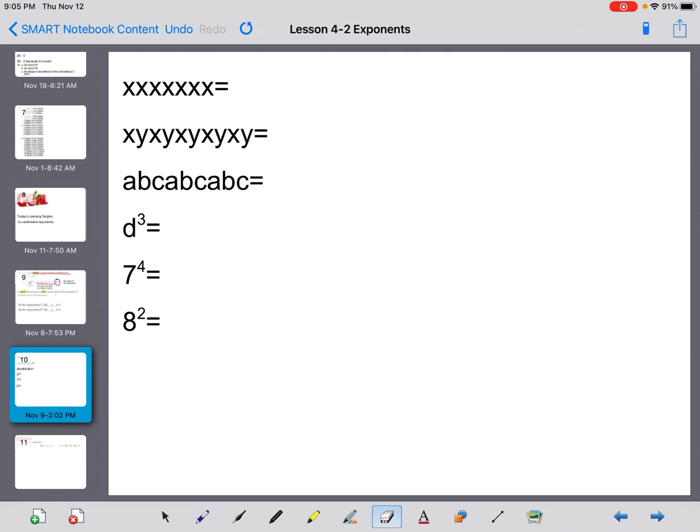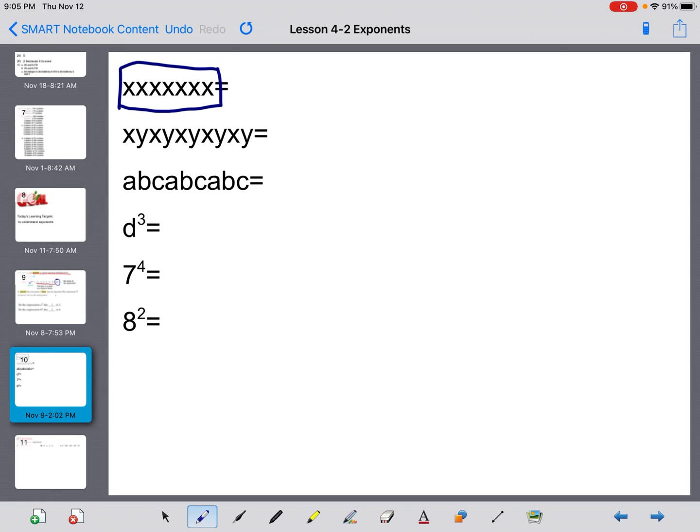Okay, our next jobs are to either expand an exponent or put it in exponential form, it's called. So the first 3 boxes, I keep mixing up my eraser today.